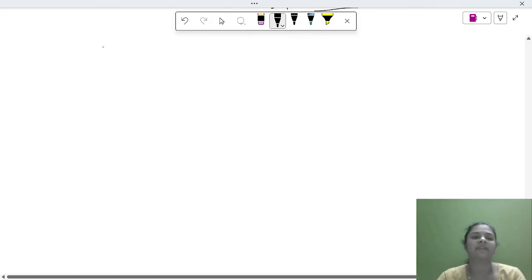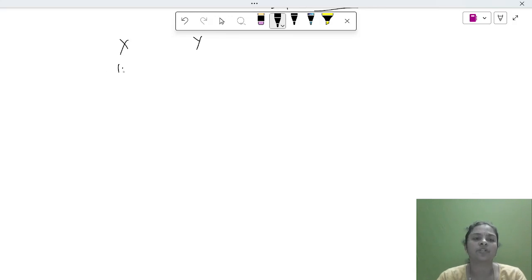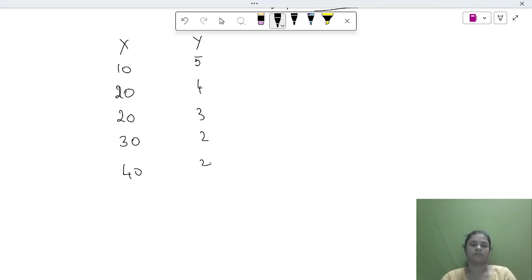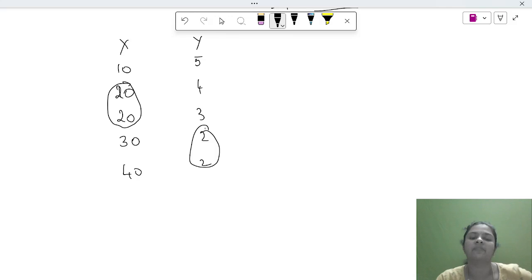Next, if it is going to be with ties, let's quickly do some questions on ties. Now let us assume here, there are repetitions of variables within x and y itself. So what happens when we give the rank?